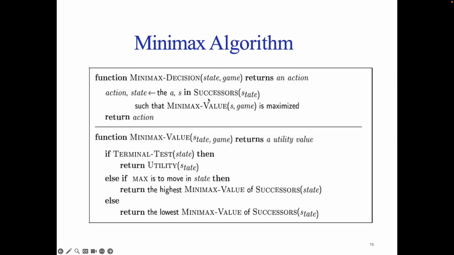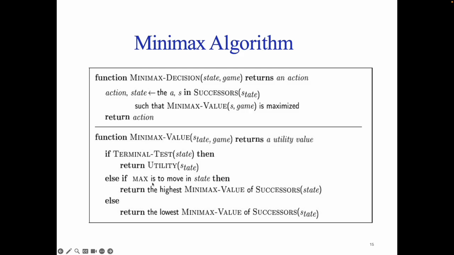So we have this minimax value here, which identifies what we return depending on whether the next state is terminal, or if it is max's move, or min's move. If it is terminal, we just return the utility, right? The utility value just shows, for example, the result.